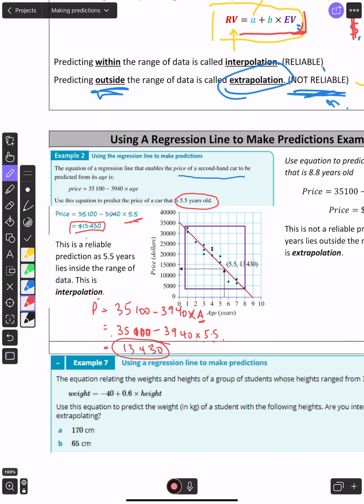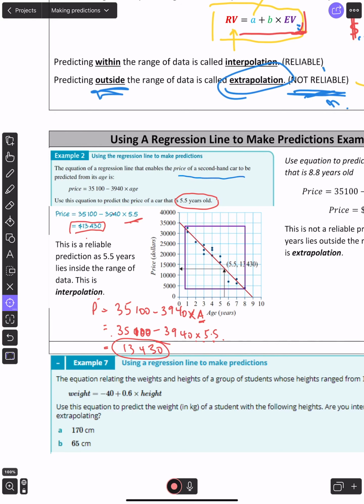A great way to check, if you have been given the graph in your textbook and the least squares regression line over the top, is you can use the line to see if your prediction is correct. So for example, 5.5 is here on the age scale. I go up to the line and across, and that's about 13,000, which is roughly what I got there.